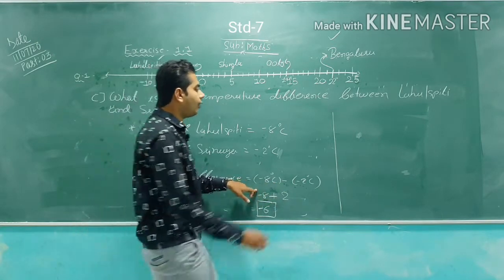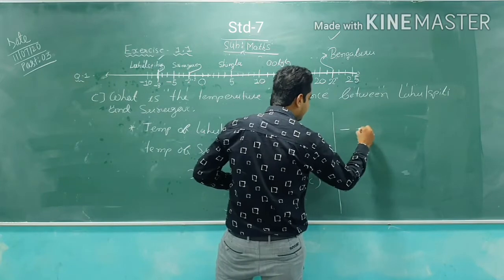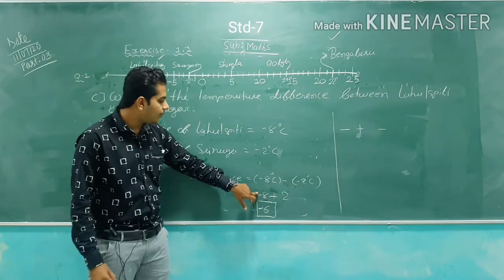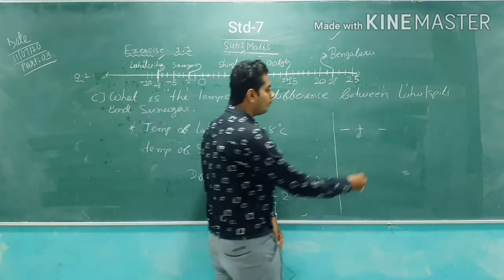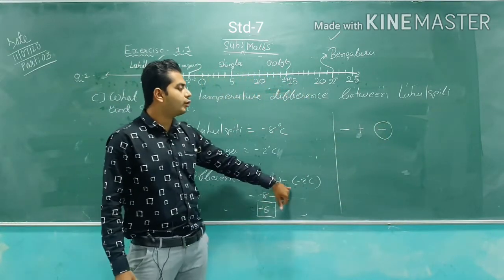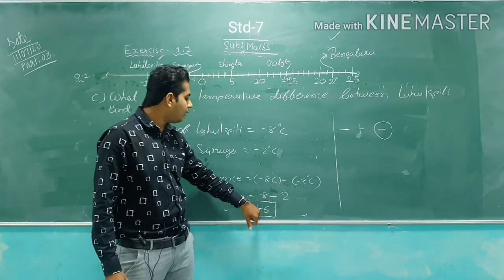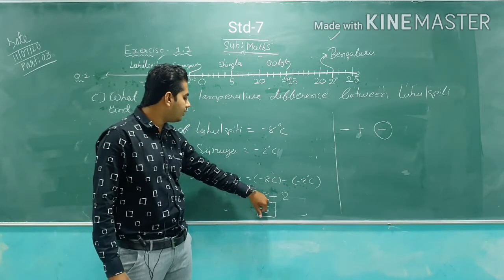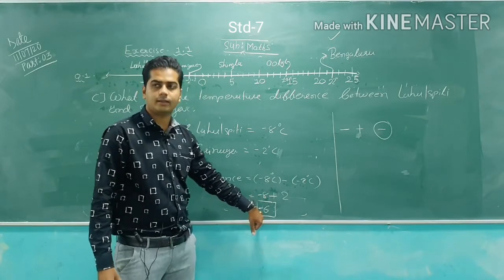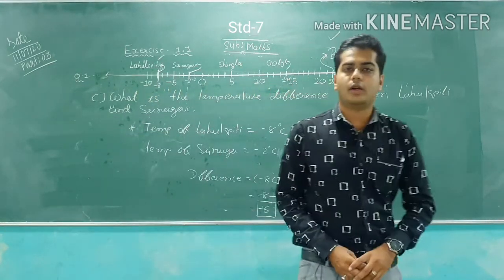Now see, according to the rules, minus plus is what? Minus. Minus plus is minus. But I have to perform this, not put the sign. So I perform the subtraction. 8 minus 2 is 6. And now the sign I have to put is of the bigger digit, which is 8. 8 has a negative sign, so negative 6. That's it. Now let's move on.